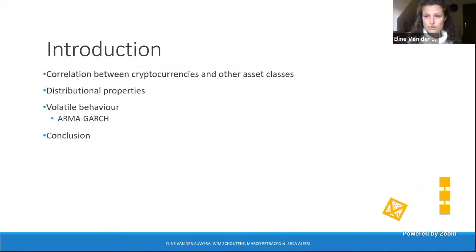Then I will move on to the volatile behavior of cryptocurrencies, and this is very broad. As you all know, cryptocurrencies are very volatile assets. For example, at the end of 2017, Bitcoin had a value of nearly $20,000, while only 1 year later, this value was divided by 4 almost.